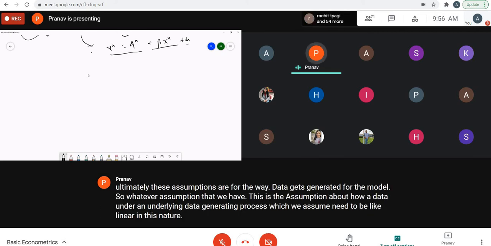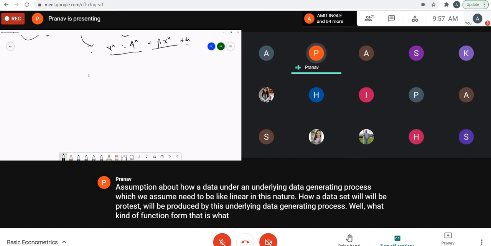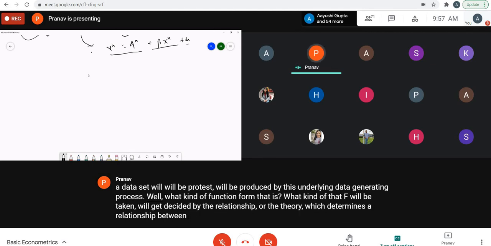produces a data set, where what kind of functional form, that is what kind of f will be taken, will get decided by the relationship or the theory which determines a relationship between dependent and independent variables.